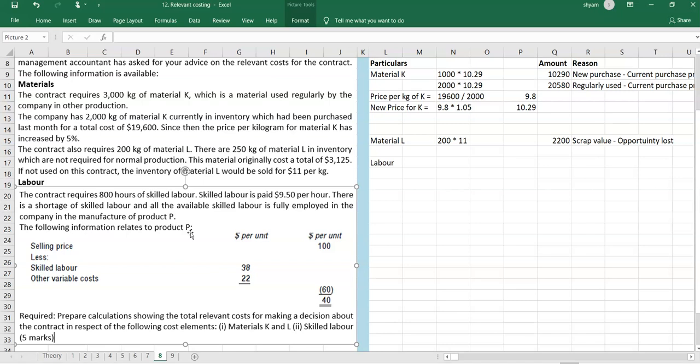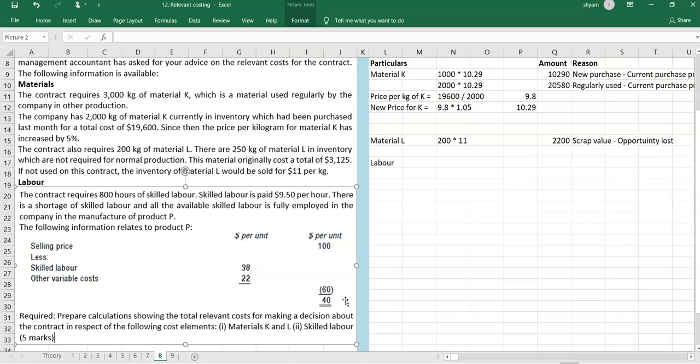They are engaged in the production of a product called product P. That product has 100 as selling price, skilled labor is 38 and other variable cost is 22. So 40 is the contribution, and the contribution is usually lost.